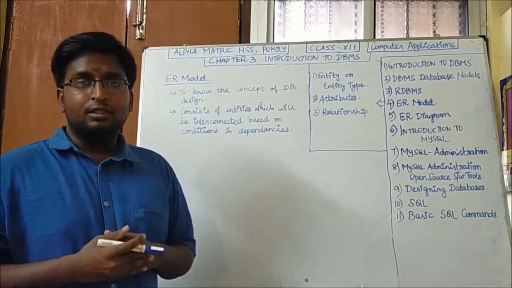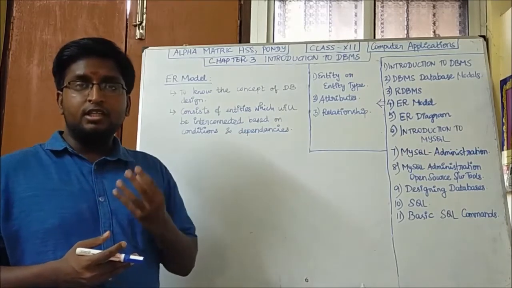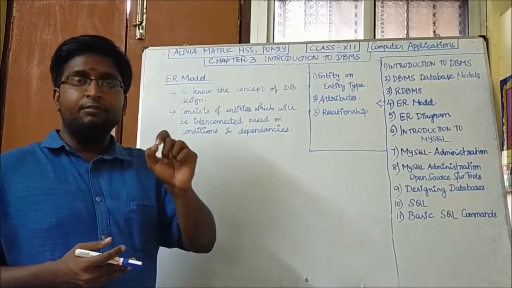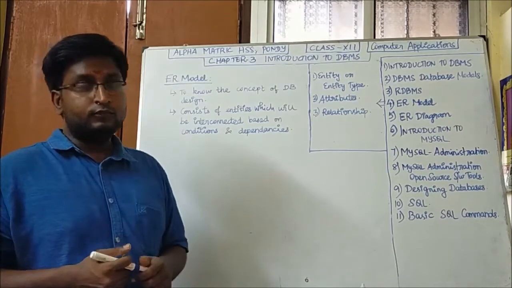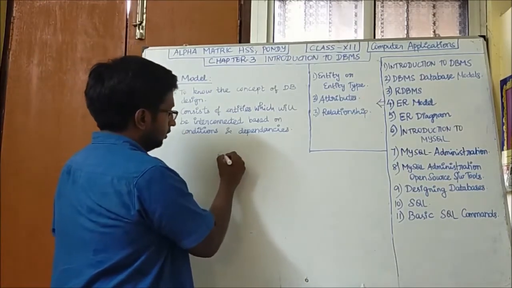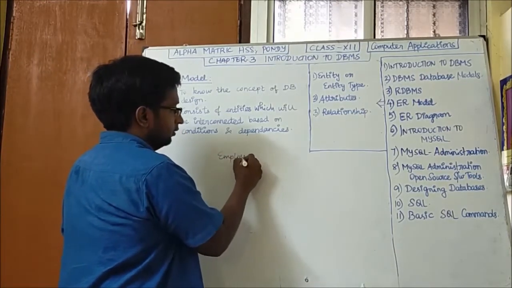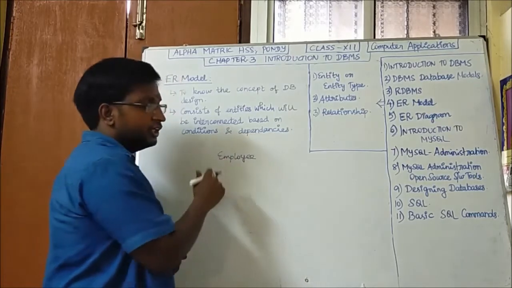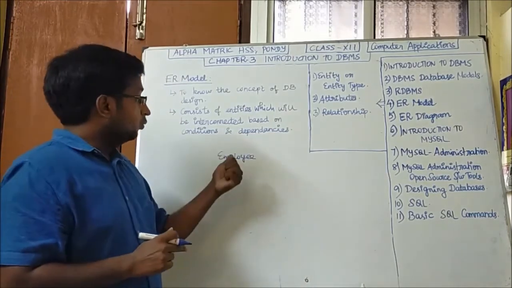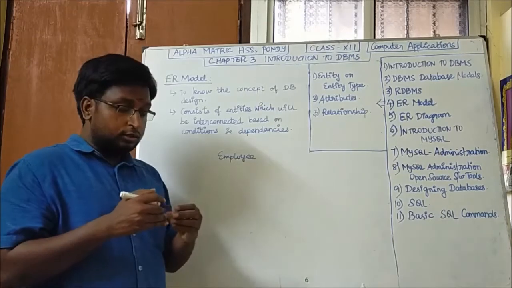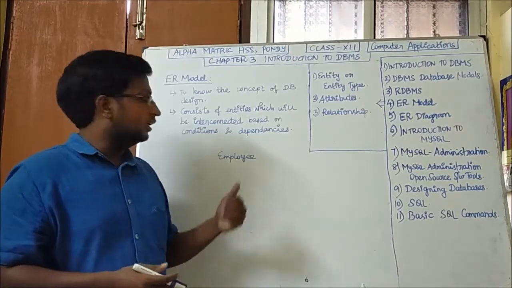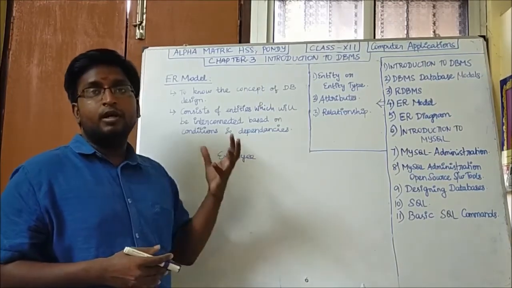An entity is a real object or anything which can be easily identified by the user. For example, employee. It is easily identifiable, which means it will have some employee details, the details of an employee from a company.